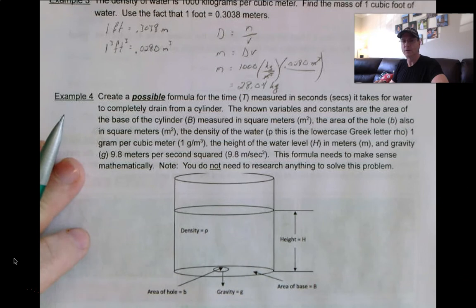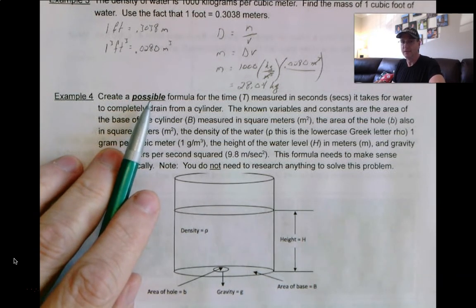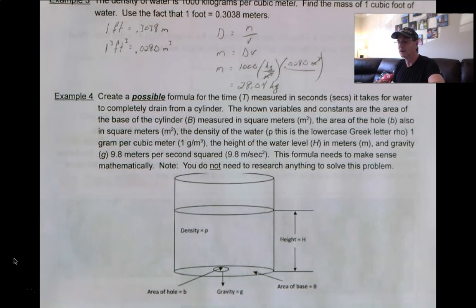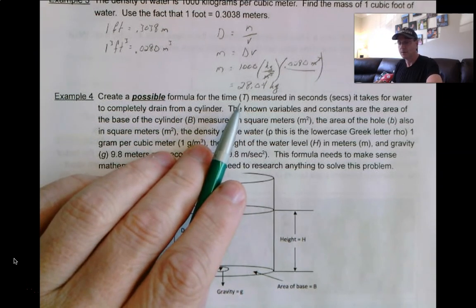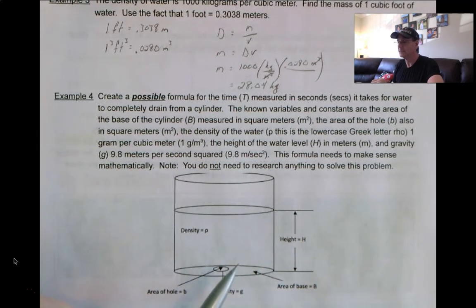I'm looking for you to create a possible formula for the time, which is going to be measured in seconds. We're going to use t as the variable for the time that it takes water to completely drain from a cylinder.